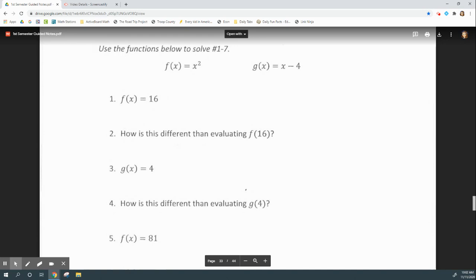What's the square root of 16? 4. So x is going to equal 4. Which means when we do this, what's our x value? 4. And what's our y value? 16.